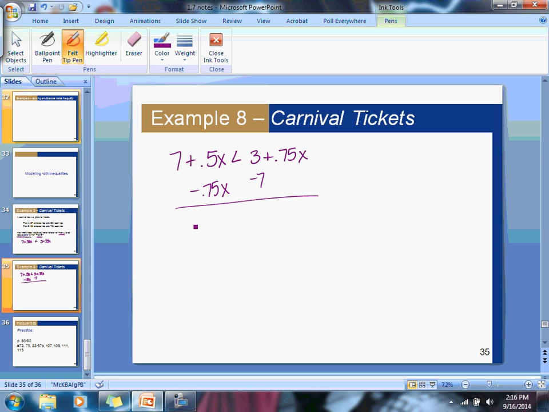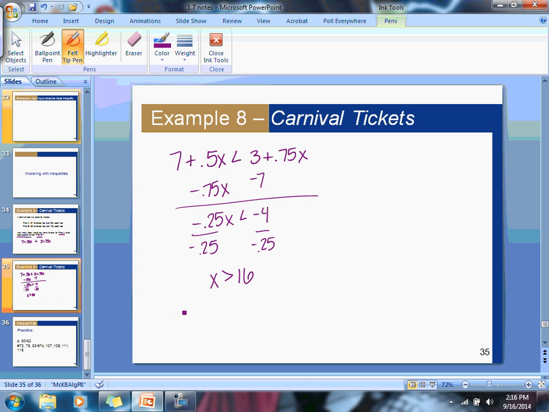And I know that's going to get me a negative 0.25x, but that's okay. Get a negative 4 here. And then when I divide by that negative number, remember we have to switch the direction of our inequality sign. So x now will be greater than 16. When you take negative 4 and divide it by negative 0.25, you get 16.